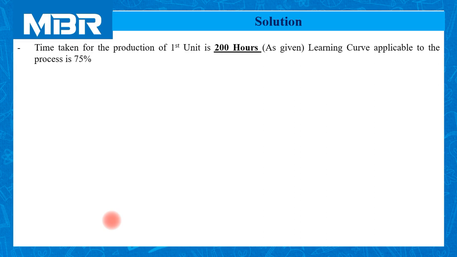Time taken for the production of the first unit is 200 hours. This information is already given in our question. Learning curve applicable to the process is 75%. This information is also given to us by the examiner in a ready-made form.